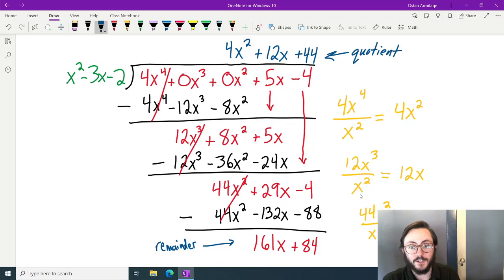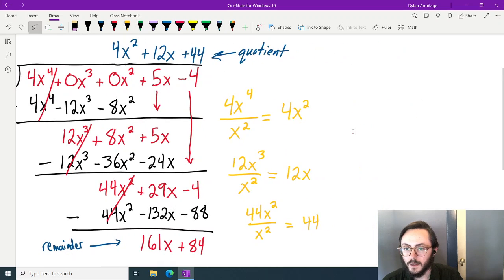So what we actually need to do is combine our quotient and remainder to give our final answer. So let's go ahead and go over here.